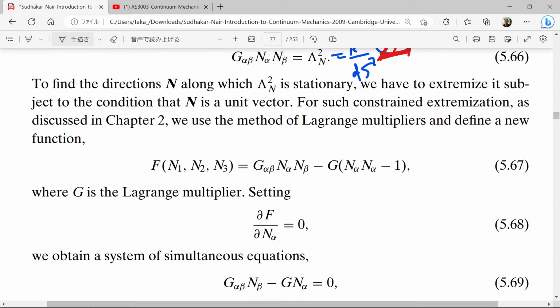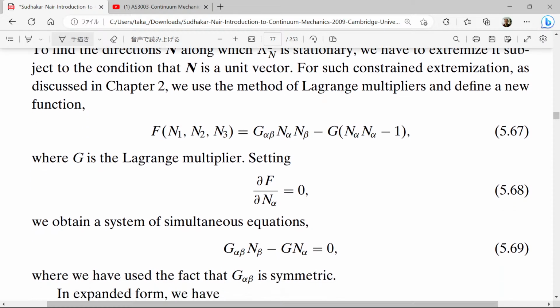Setting partial f over partial n alpha equal to 0, we obtain a system of simultaneous equations: g alpha beta n beta minus g n alpha equals 0.